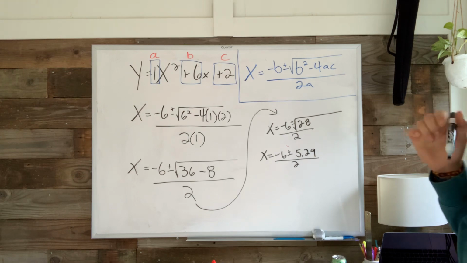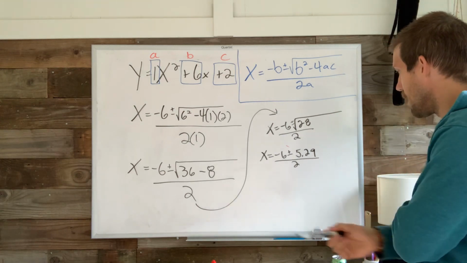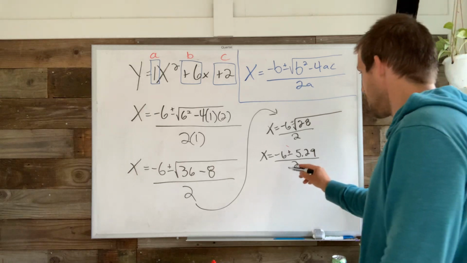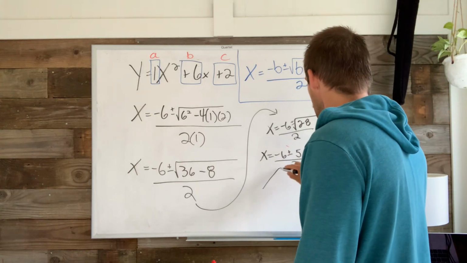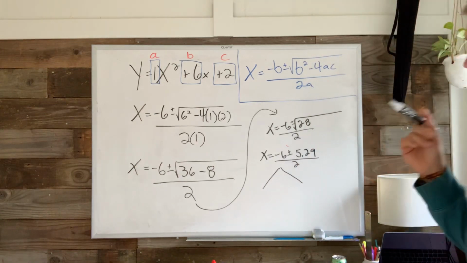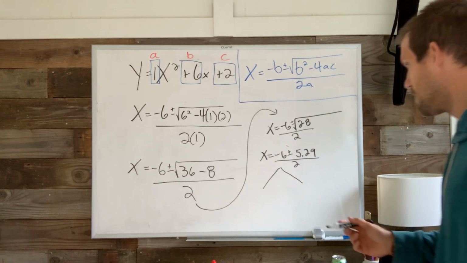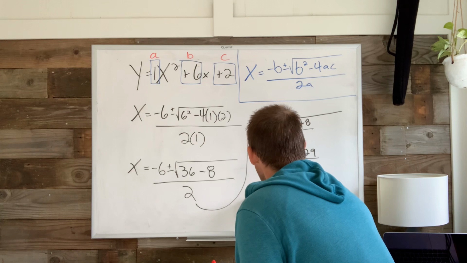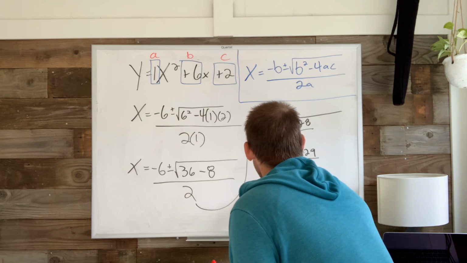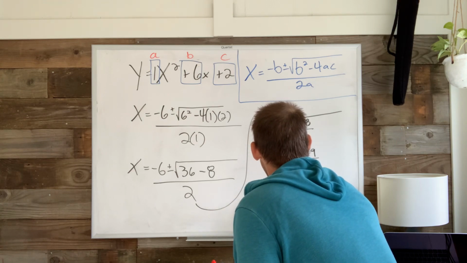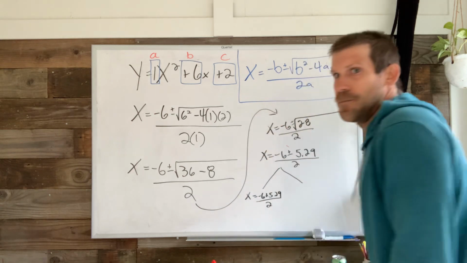Okay, so this is where this plus or minus comes in here. We're going to separate this into 2 scenarios. One is if we use the plus symbol, and the other is if we use the minus symbol. So in one scenario, x equals negative 6 plus 5.29 divided by 2.